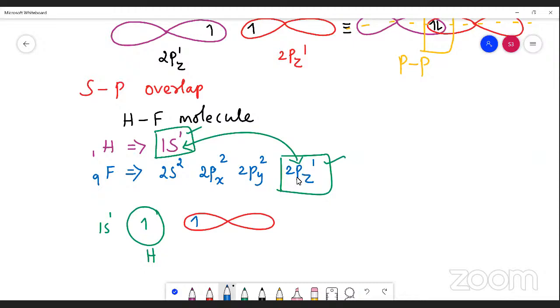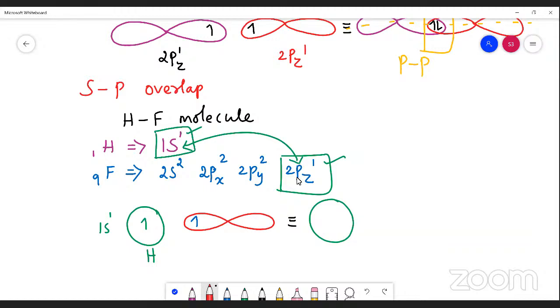So this S and p orbital can overlap and lead to the formation of SP overlapping. The S orbital can overlap with the p orbital.